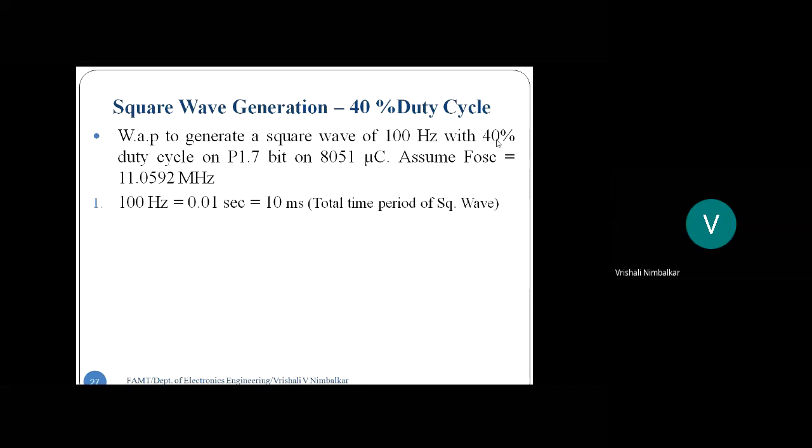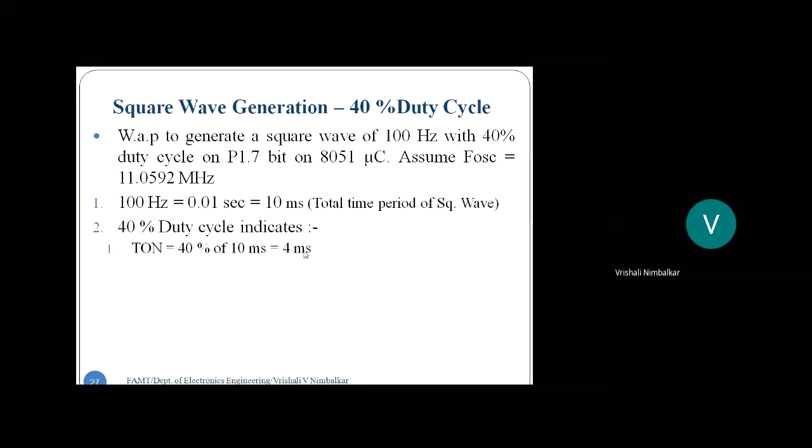Correct? Now 40% duty cycle. What does that mean? For 40% of 10 milliseconds, the square wave is logic 1. So when we say 40% duty cycle, that indicates the on time period is 40% of the total time. Right?